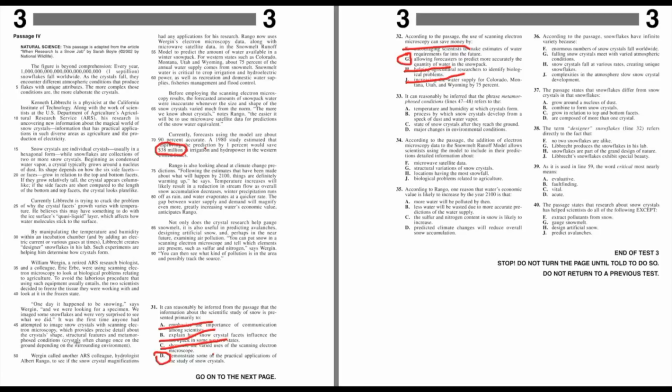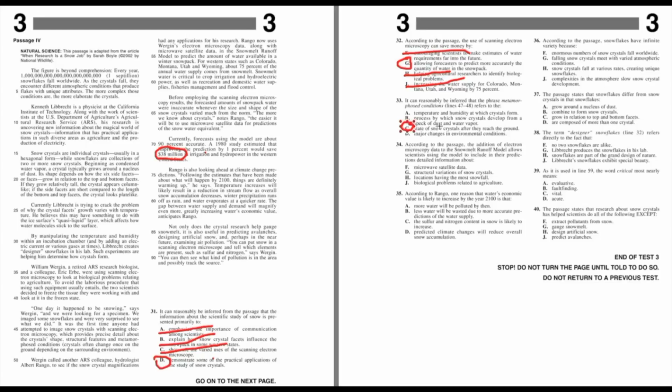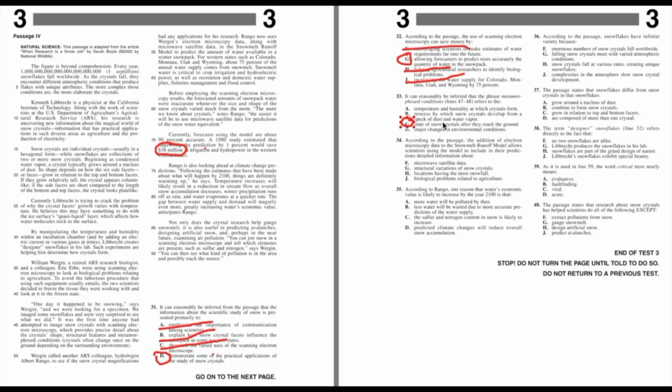Based on the syntax and the structure of the sentence, we can assume that what's included in the parentheses is an explanation of the metamorphosed conditions mentioned in the sentence, because the part in the parentheses comes right afterwards. Let's see if any of our answers match what's in the parentheses, and we see that the only one that does is C, the state of snow crystals after they reach the ground. So that's our answer.